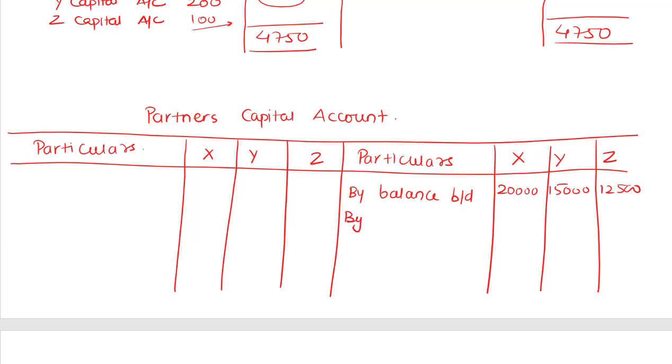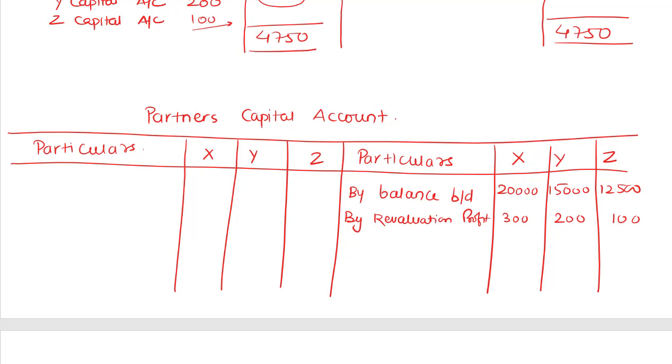Sharing of revaluation profit: by revaluation profit 300, 200, 100.